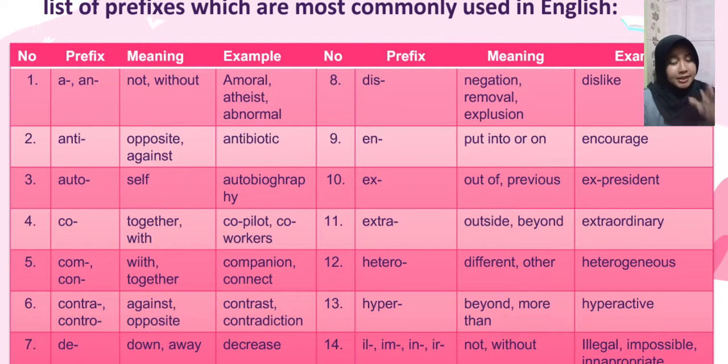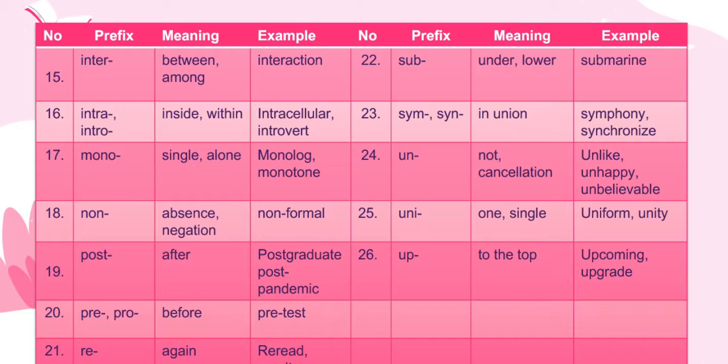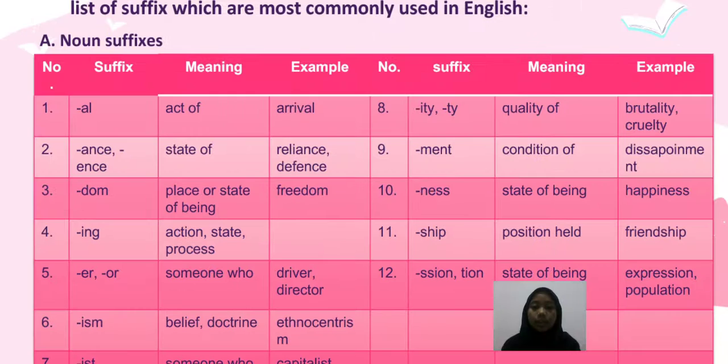You can see in the table there are prefixes with the meaning, and then we give the examples. Next, the list of suffixes which are most commonly used in English.